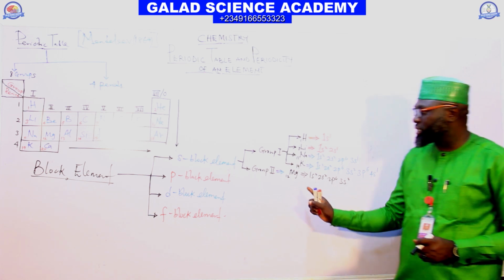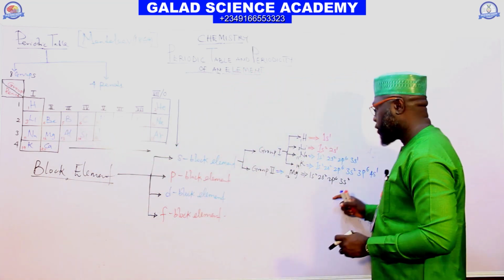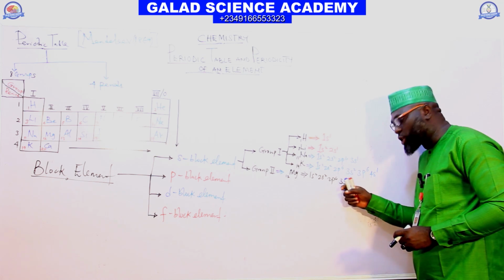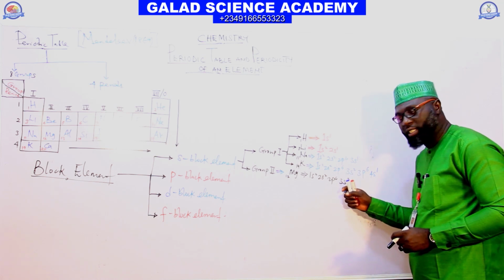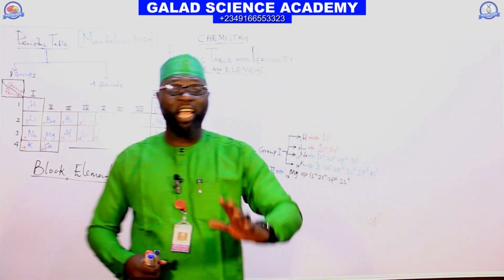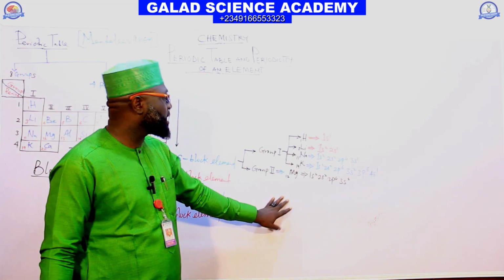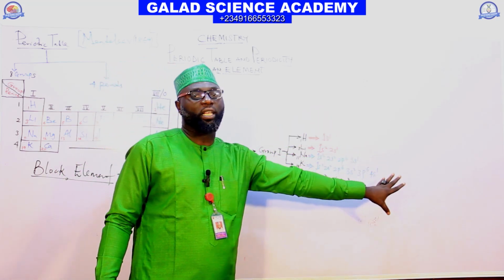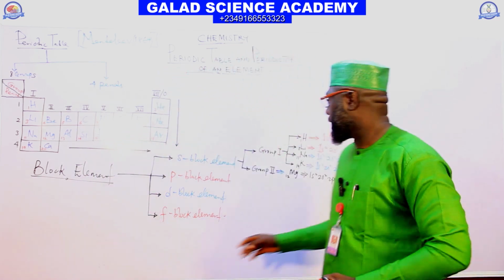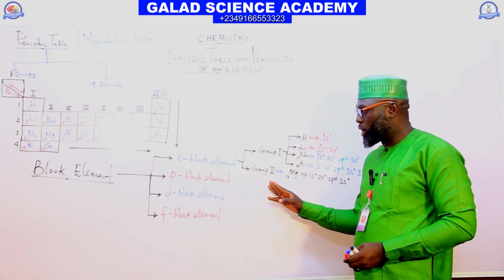You can see that for magnesium, the valency electron can be found at the S orbital. So S block elements are elements in which their valency electron, or outermost electron, can be found at S orbitals. Examples of S block elements are group 1 and group 2 elements in the periodic table.